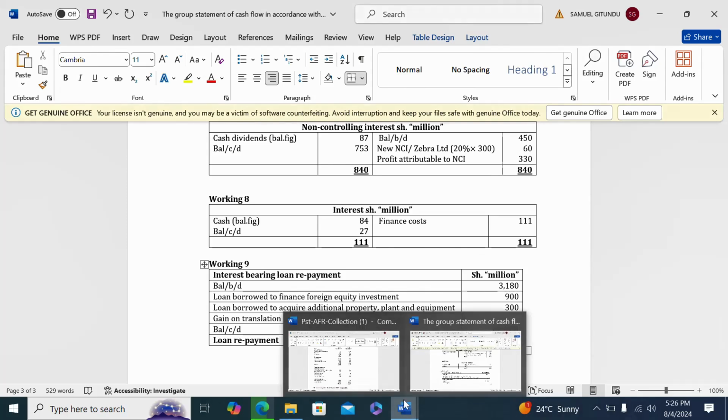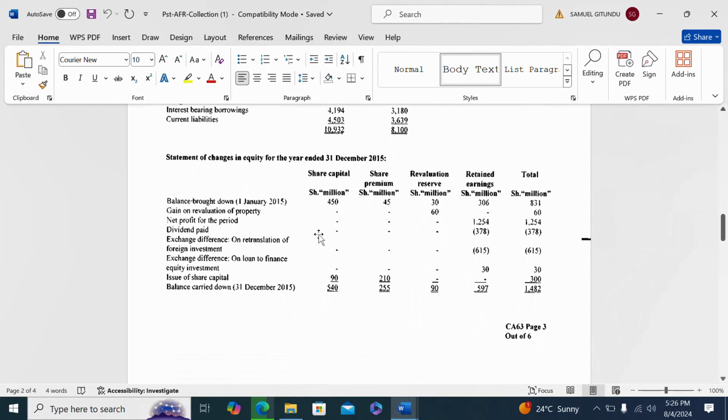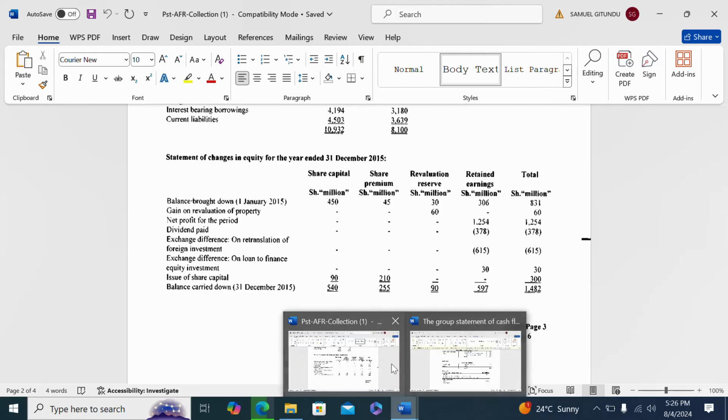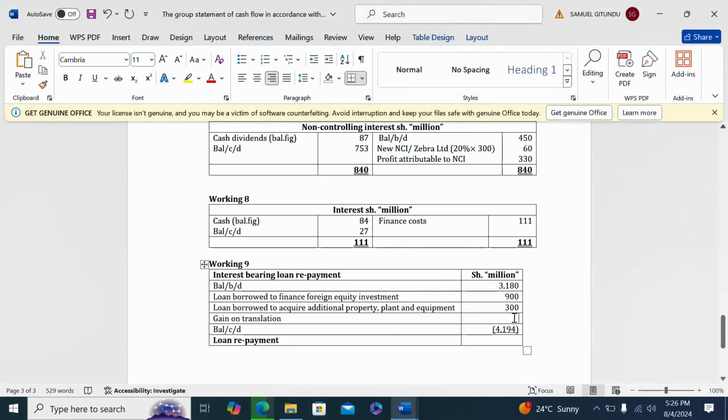How much was the gain? We can check from the statement of changes in equity here. The exchange difference on loan to finance equity investment was a gain of 30 million. So we deduct it from our loan because that gain did not involve cash, 30 million.